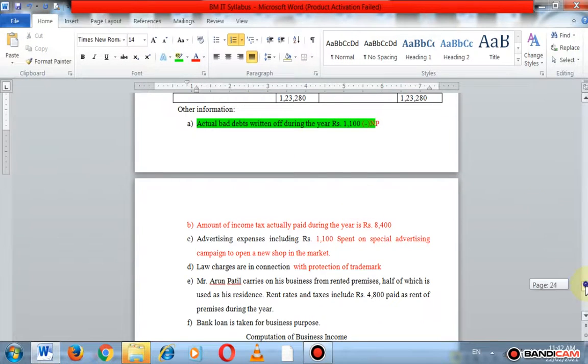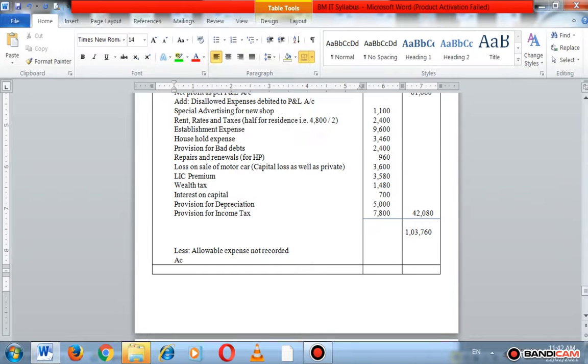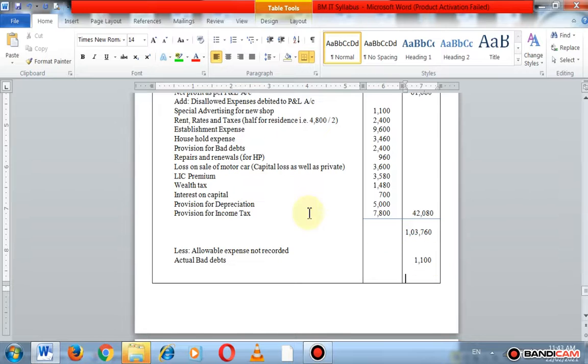So actual bad debts amounted to rupees 1100; it is the only expenditure given here, so we directly write out this amount of bad debts in the outer column and deduct the amount.